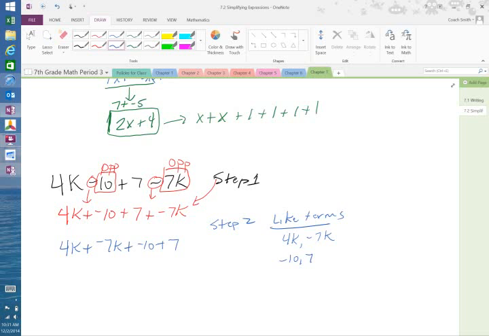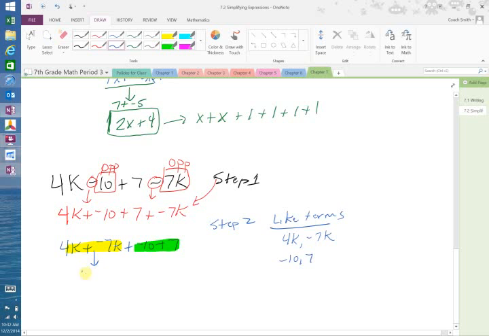Okay? What is step 3? Combine the like terms by what? Yeah, by using the rules for adding integers. So, I can combine these two together, and I can combine these two together. Okay?